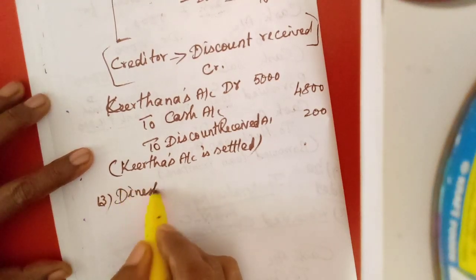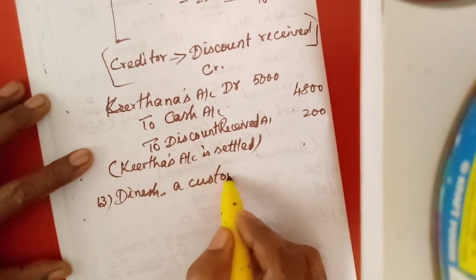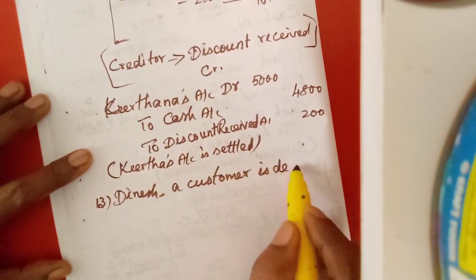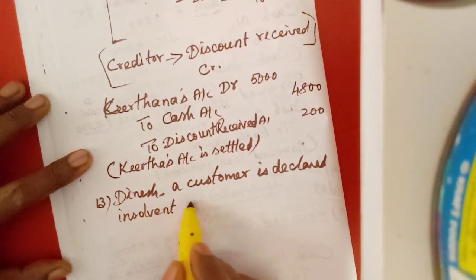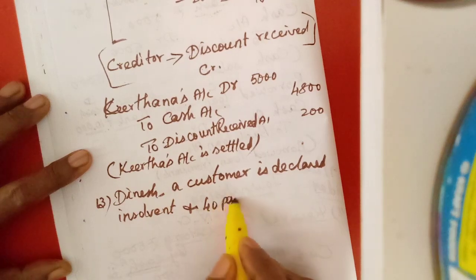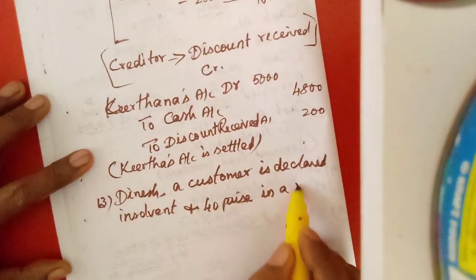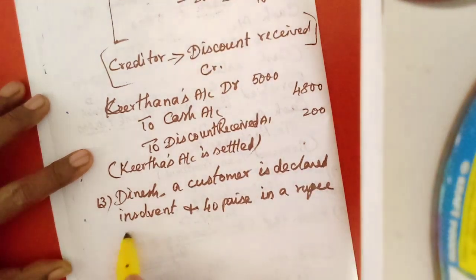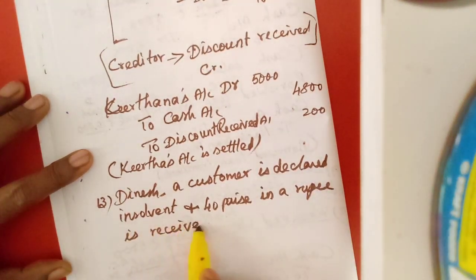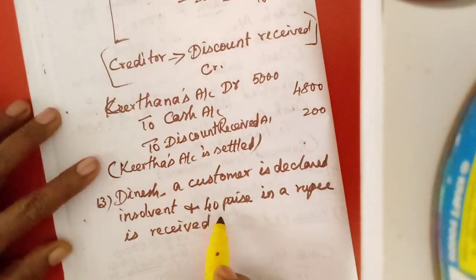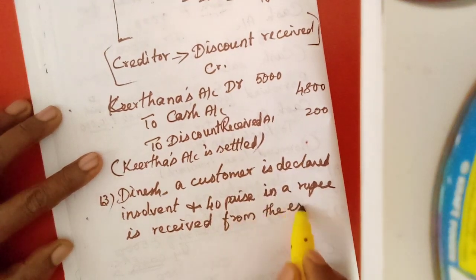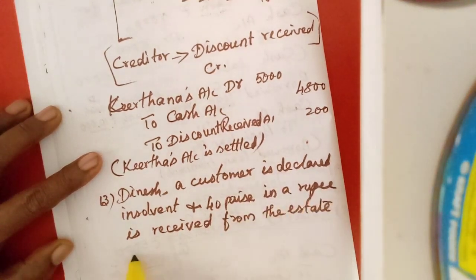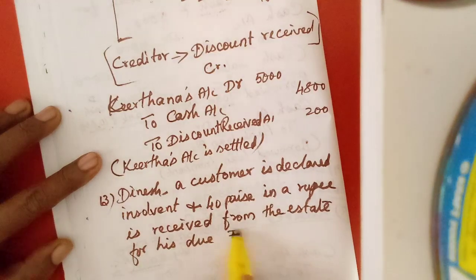Dinesh, a customer, is declared insolvent, and 40 paise in a rupee is received from the estate for his due, rupees 10,000.